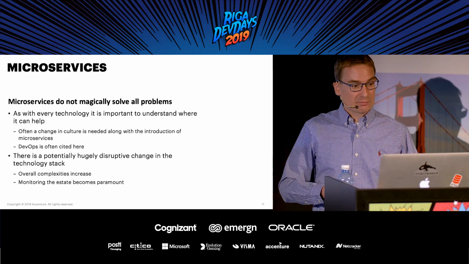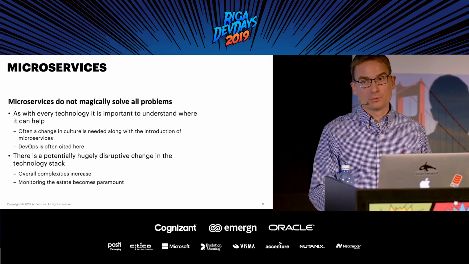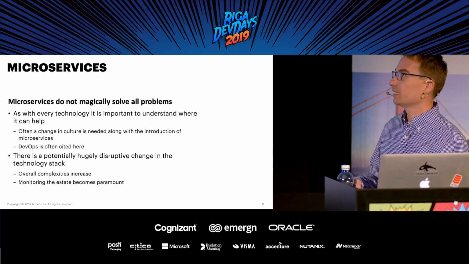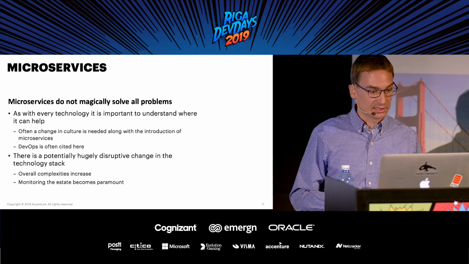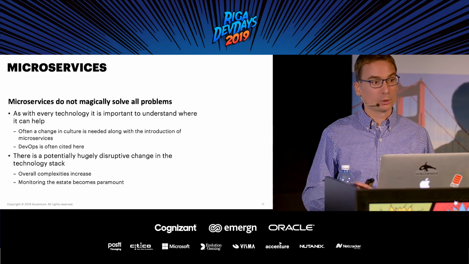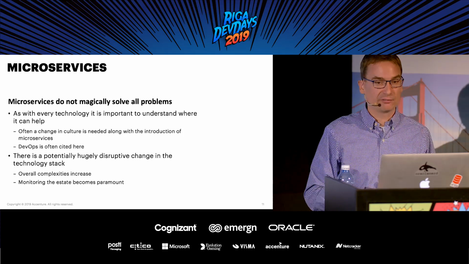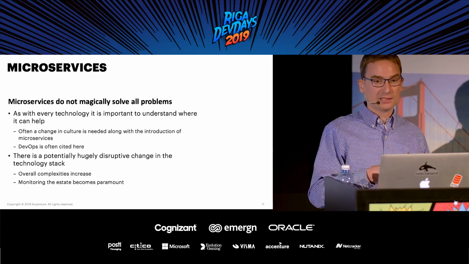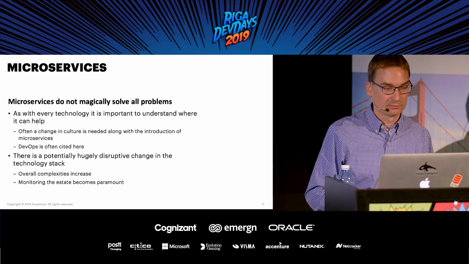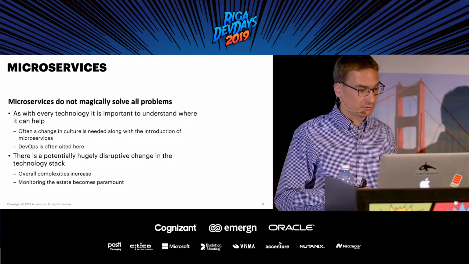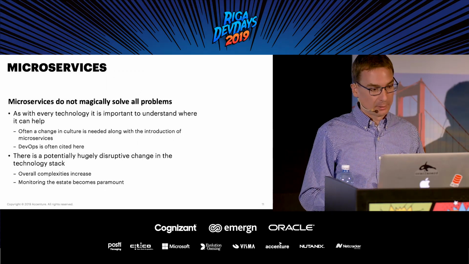Okay. But that almost sounds too good to be true, so I was looking at where this doesn't necessarily help. And as with every technology, I think it's important to understand where it can help your case. Just because it helps the cloud-native companies that have never developed outside of the cloud, if you've got a big established base of on-premises systems, then you need to see where this helps you.